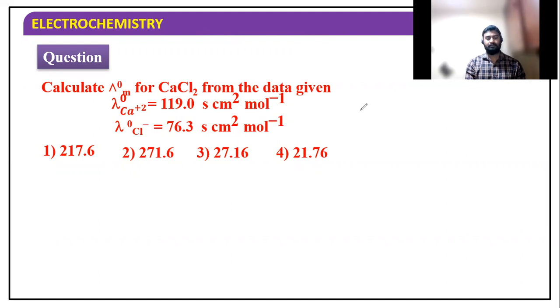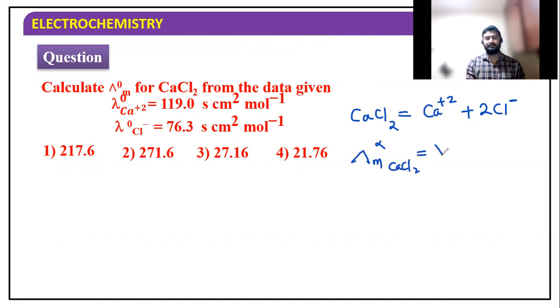So what is CaCl2 made up of? It's made up of Ca2 plus and 2Cl minus. You have to notice that part. Therefore, lambda m infinity for CaCl2 will be lambda m infinity for the calcium 2 plus ion plus 2 times the chloride ion. Don't make the mistake of not putting the 2 there.